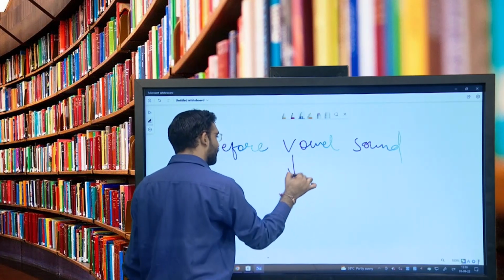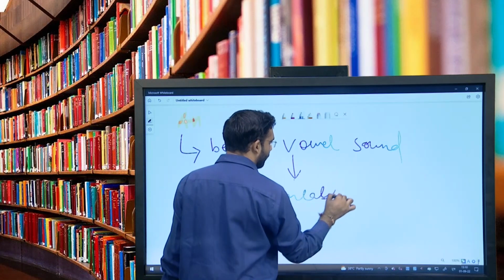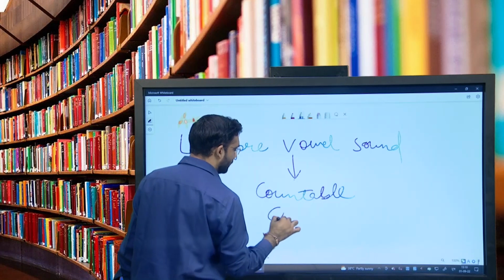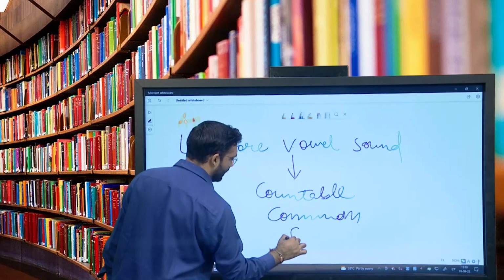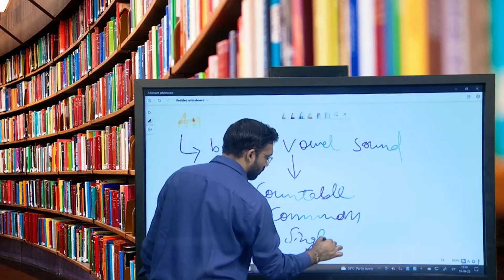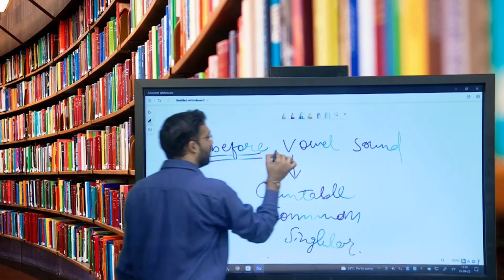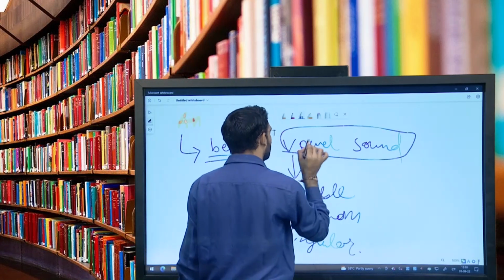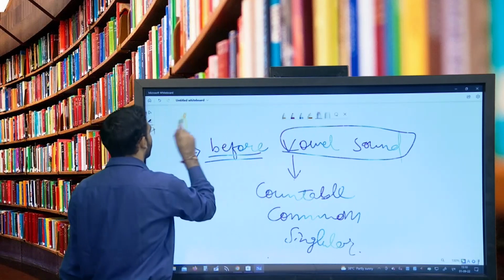Again, three conditions would be applied: countable noun, common, and singular. It would be used before a vowel sound. Clear? I'm sure you'll remember this.